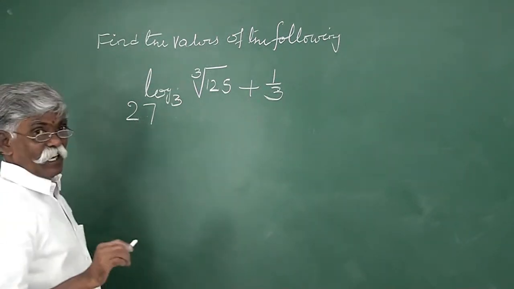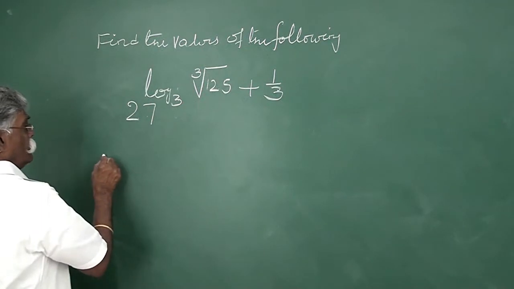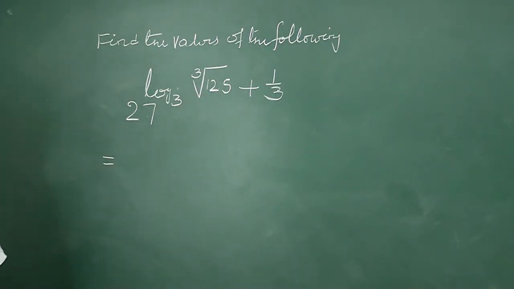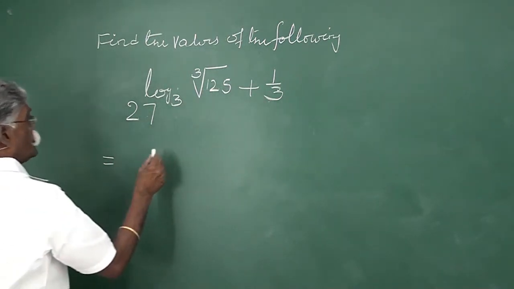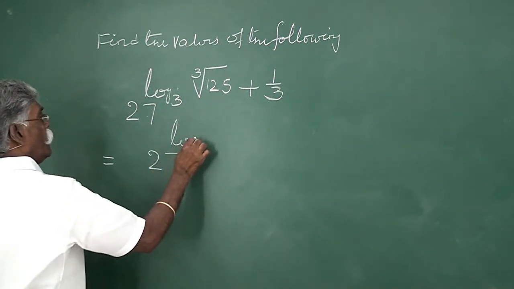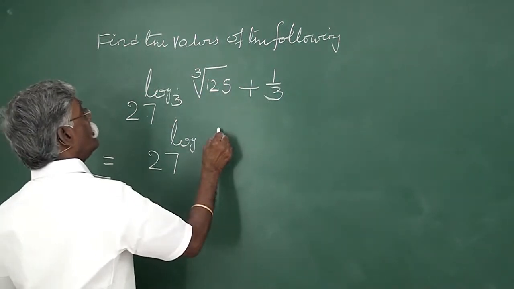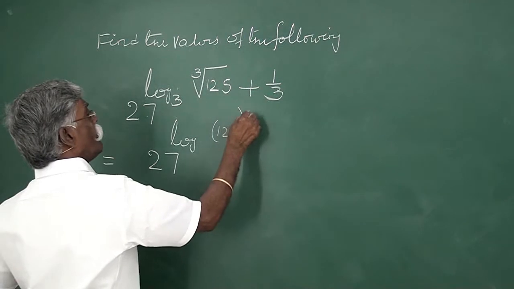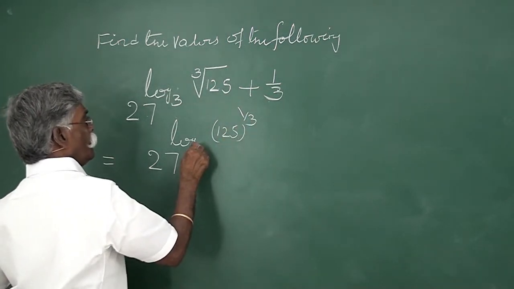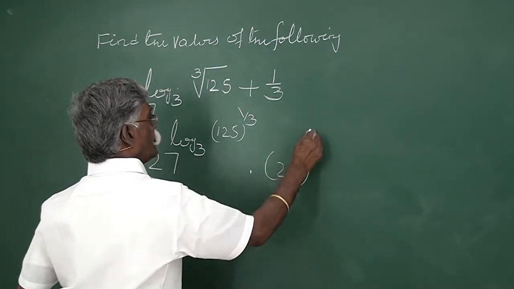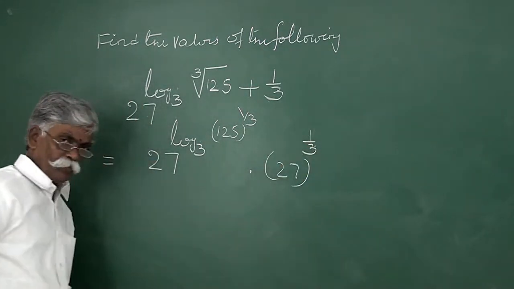Now this 27 can be written as 3 cube, and 125 to the power 1 by 3 we can write. First let us split these two into two values. So this is 27 to the power log of 125 to the power 1 by 3 base 3 into 27 to the power 1 by 3.